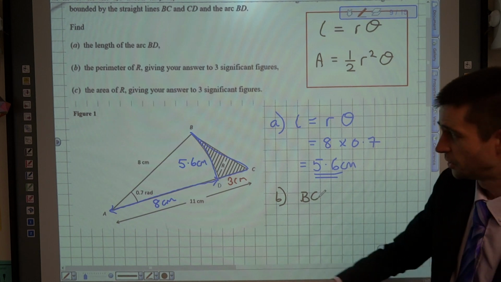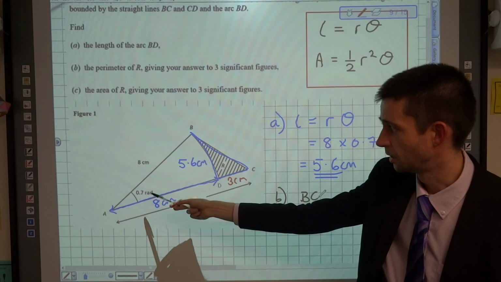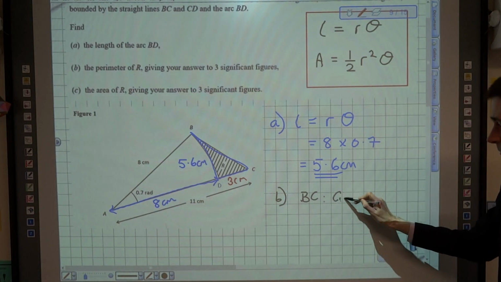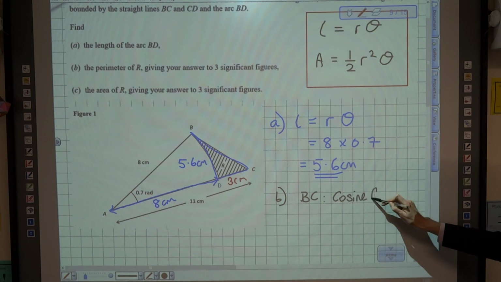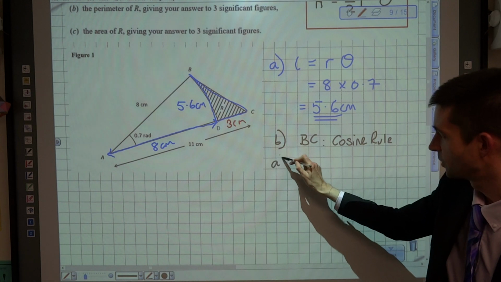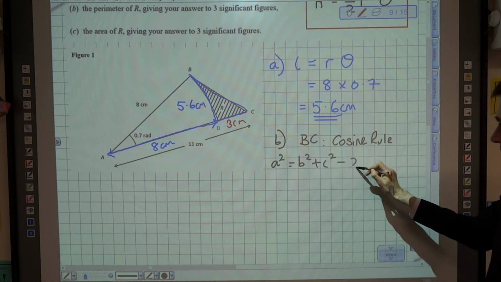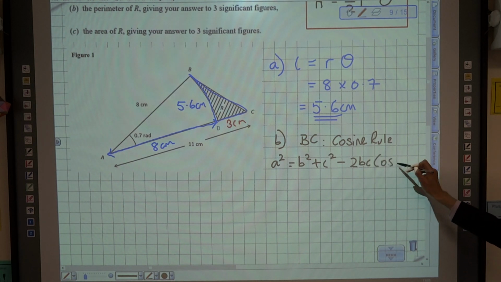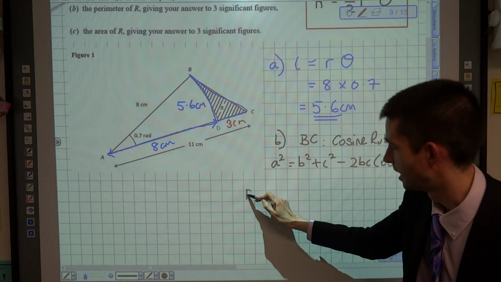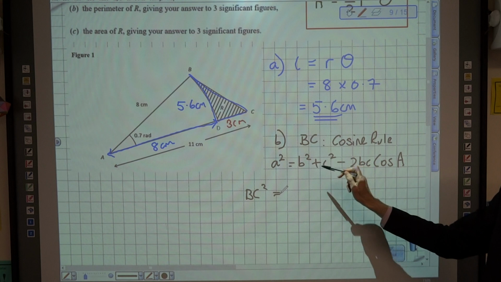How am I going to do that? Well, I've got a triangle here, I know 2 sides, and I know the included angle, so I'm going to use the cosine rule. The cosine rule: a squared equals b squared plus c squared minus 2bc cos A, where a squared is the length that I'm trying to find, so BC squared is equal to b squared plus c squared.